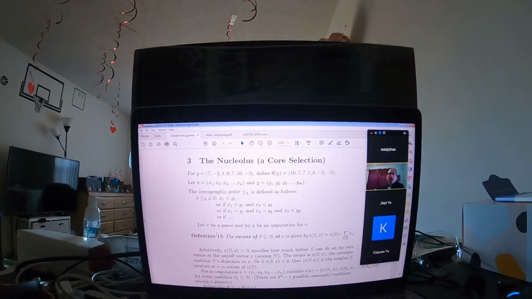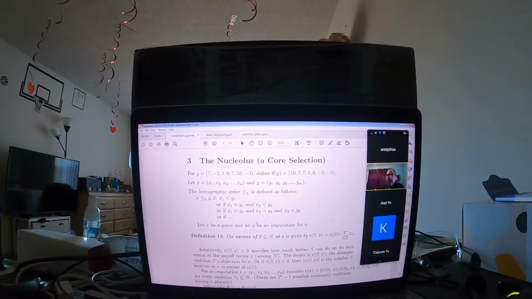Okay. So suppose we have a game, and suppose we have a payoff vector, an imputation for the game V. So this is an n-tuple, an n-vector of numbers, specifying the possible payoff, or the suggested payoff, we'll say, for each of the n players.